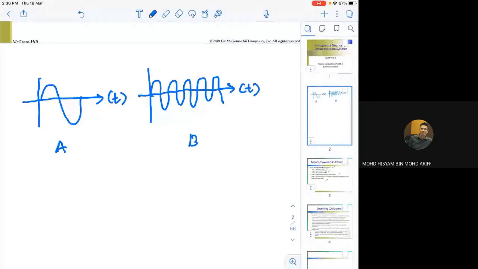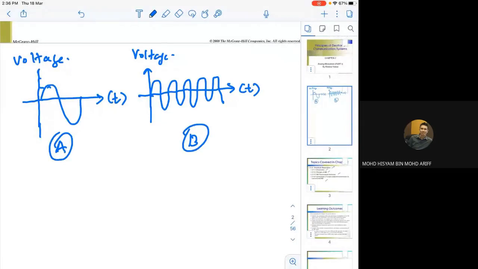This one is your amplitude, your voltage. Here is your voltage, here also voltage. Now, tell me, what is the difference between signal A and signal B? The frequency, sir.